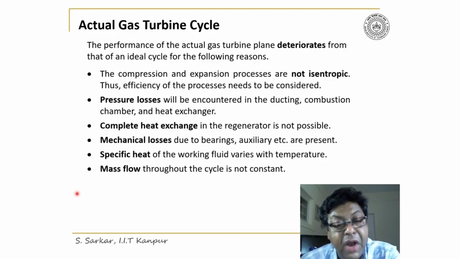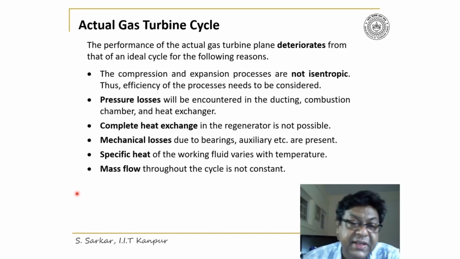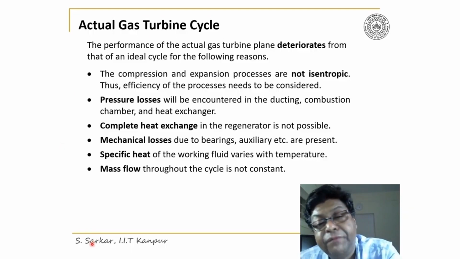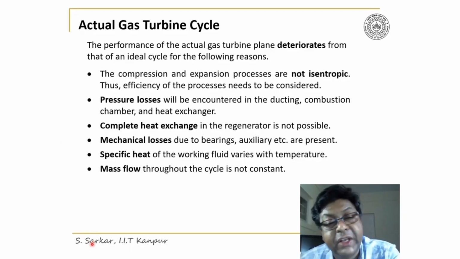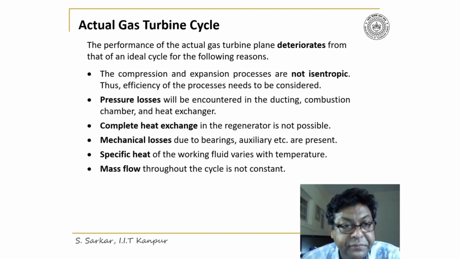Thereby the mass flow rate throughout the cycle is not constant. So these are the reasons why an actual cycle's performance deteriorates with respect to an ideal cycle. And I'll discuss now one by one all the points.